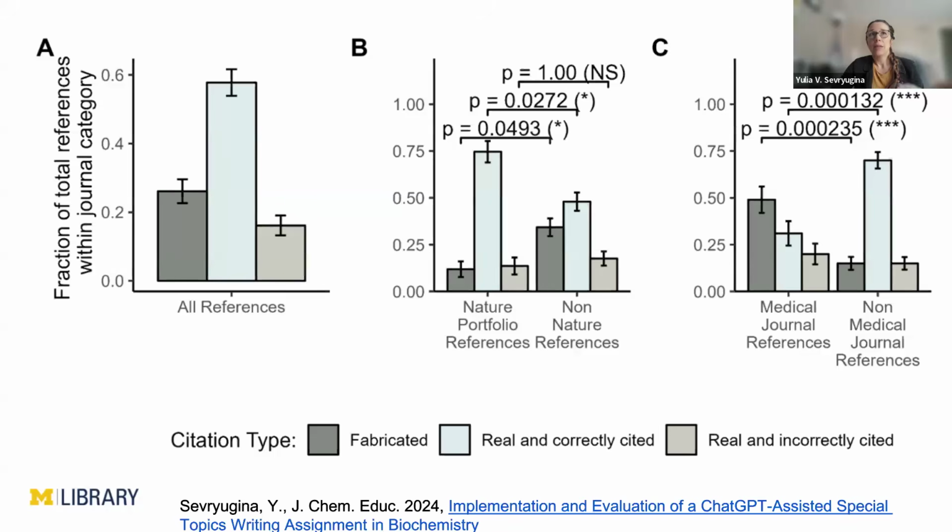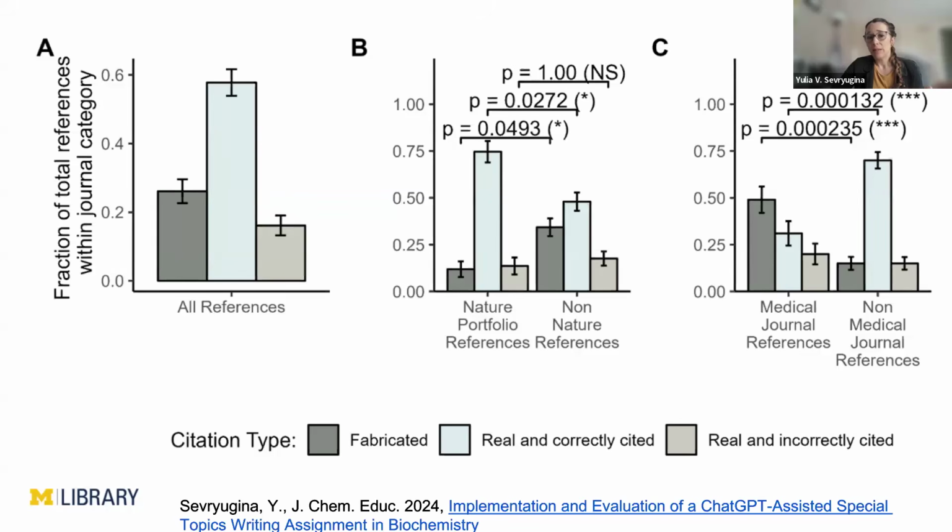And the same if you look at medical versus non-medical journals. Non-medical or more multidisciplinary journals, like Nature, would have a lot of correct references, and journals that were very specialized in the field of medicine would have a lot of non-existent or fake references.